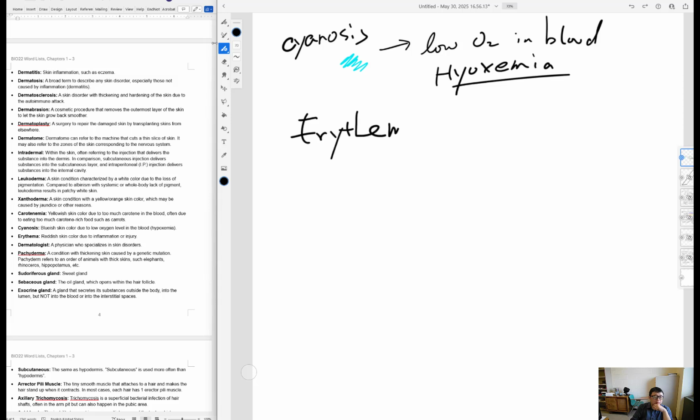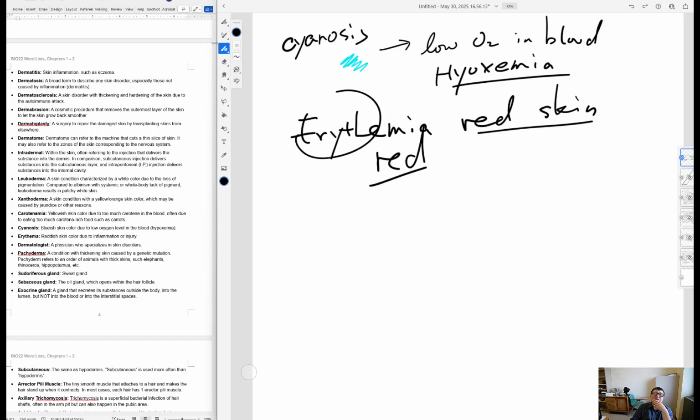Red skin is mostly due to inflammation. This inflammation they classify as infection or injury. Erythro is red in Greek, and it's interesting because we call them red blood cells.